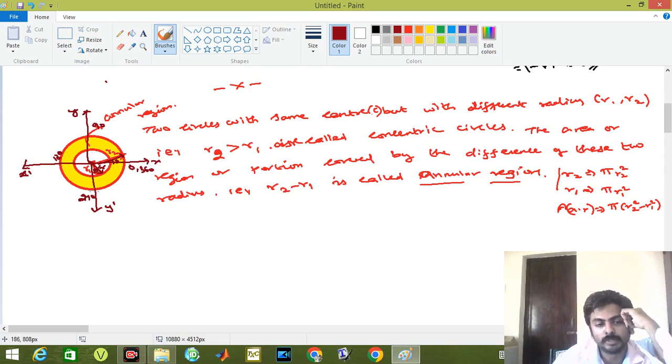After that, if it comes down, it will be 0, pi by 2, pi, then 3 pi by 2, and after that 2 pi. You have to remember all these things.